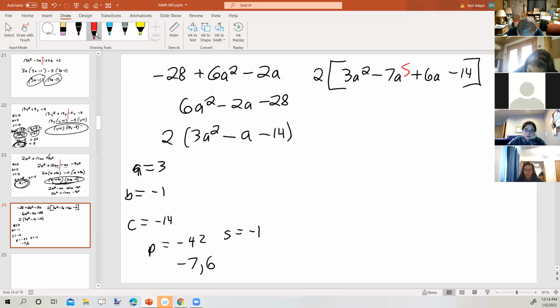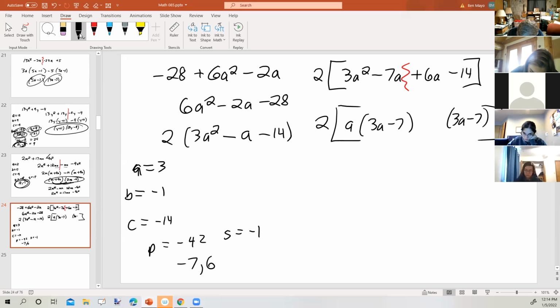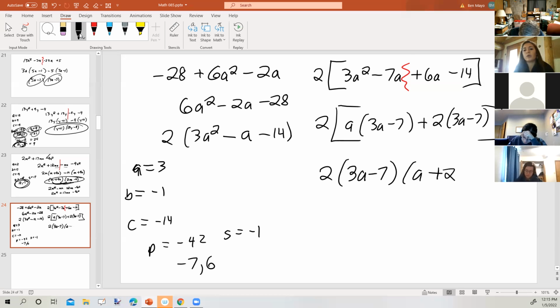Okay, factoring by grouping. 2. Greatest common factor of the first two terms is a, leftovers 3a minus 7, leftovers 3a minus 7, and I need a plus 2 right there to make it work. So I get 2 times 3a minus 7 times a plus 2.